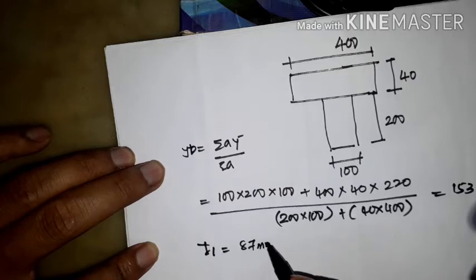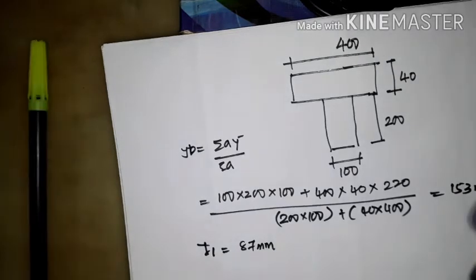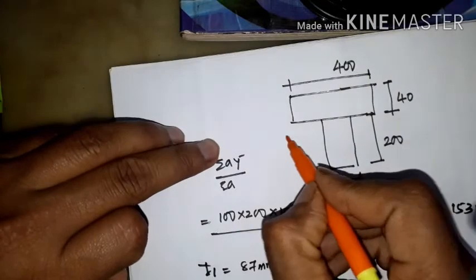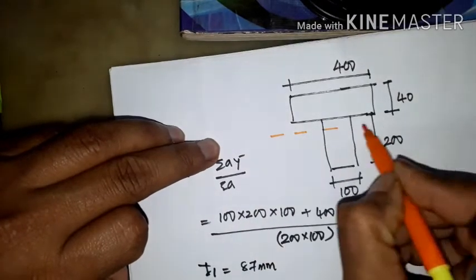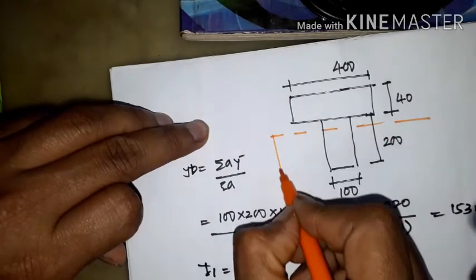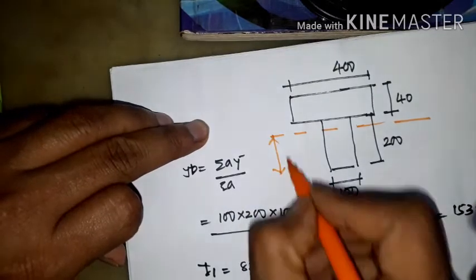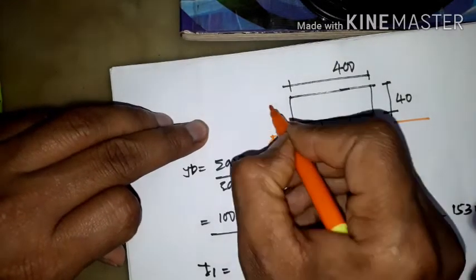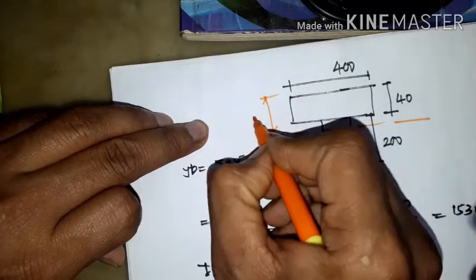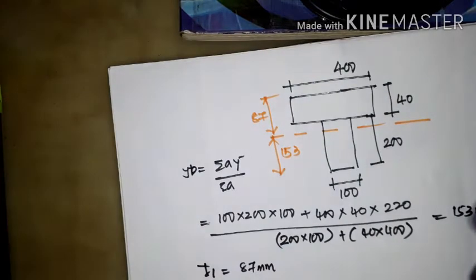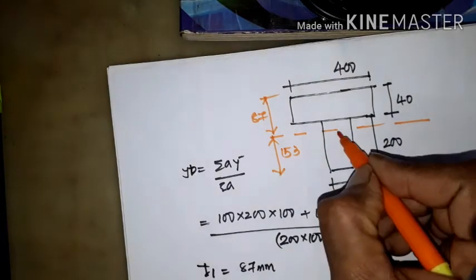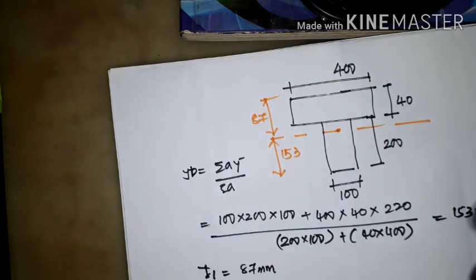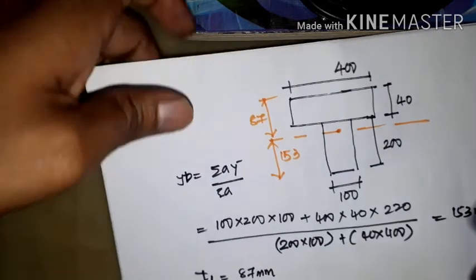If I want to show that, suppose this is our centroid. From bottom we have 153 and from top we have 87 mm. So this is the central axis. We have to find out the moment of inertia about the central axis.